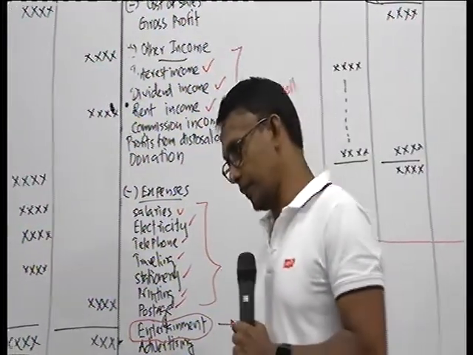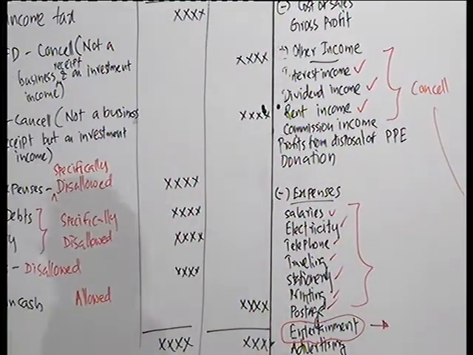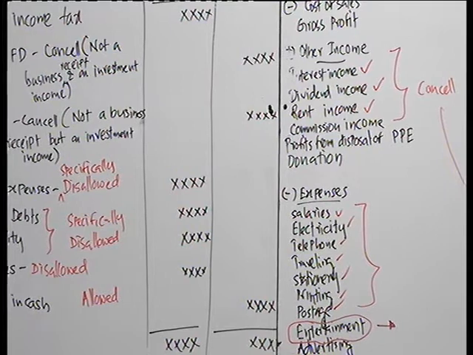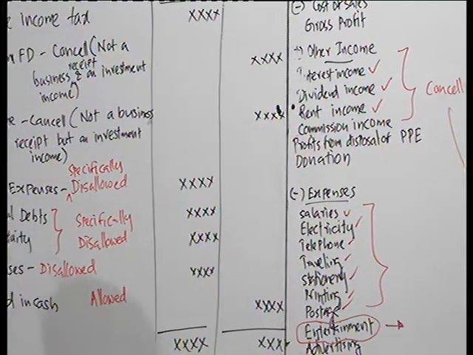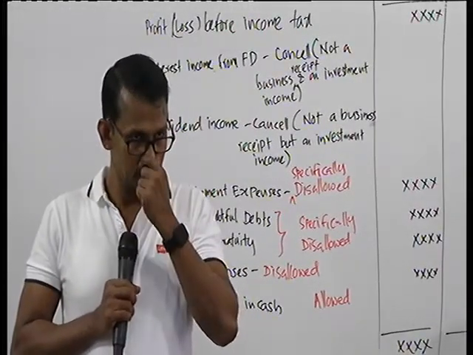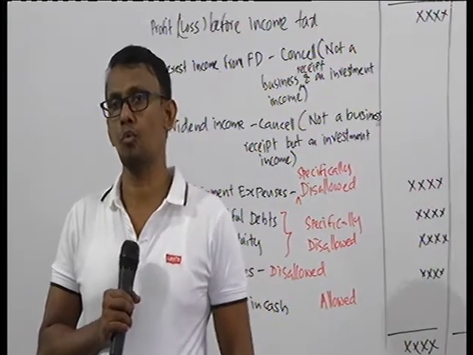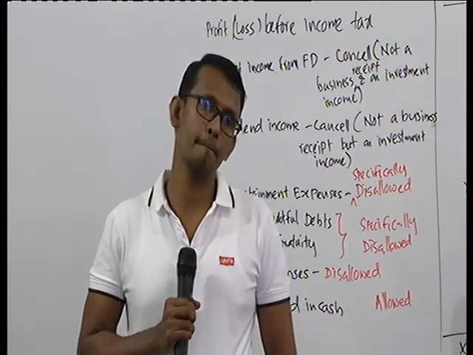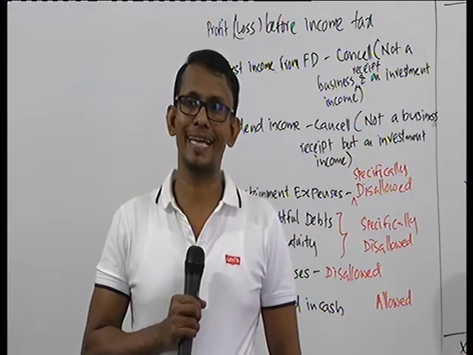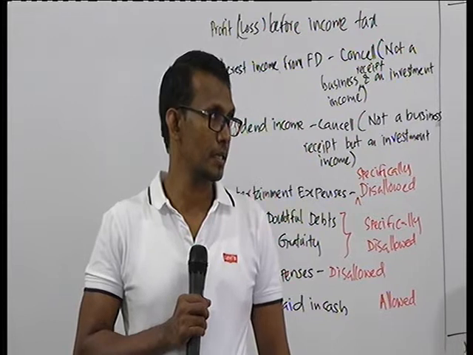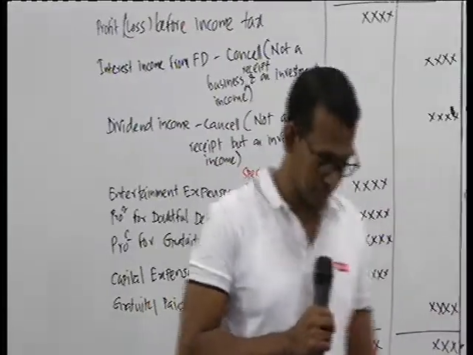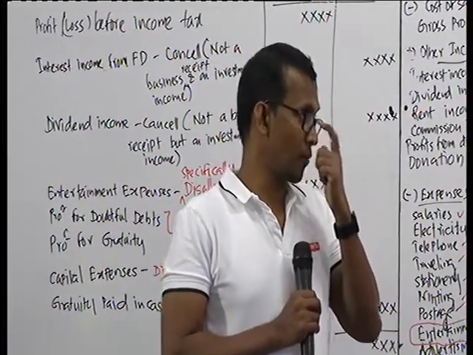The following main provisions are applicable in deciding as to how expenses are taken up in the computation of assessable business income. Okay, you can take down one by one.